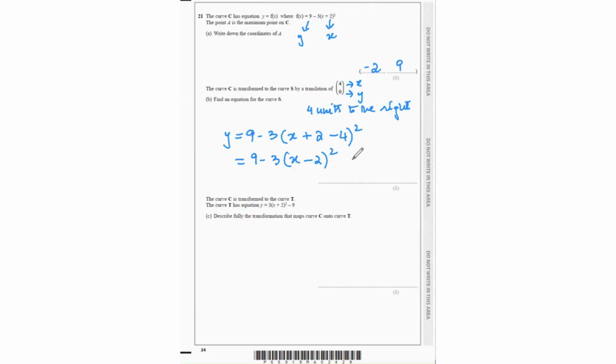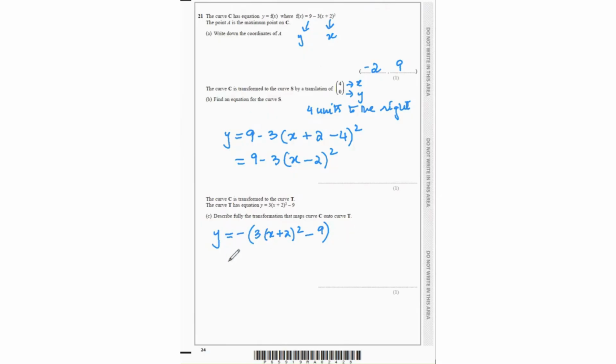Then it says the curve C is transformed to the curve T. The curve T has equation y equals 3 times (x plus 2) squared minus 9. If we compare the two equations, 3 is positive now. Originally it was negative. 9 is negative now. Originally it was positive. So if we take the negative sign common over here, that's negative of 3 times (x plus 2) whole squared minus 9.